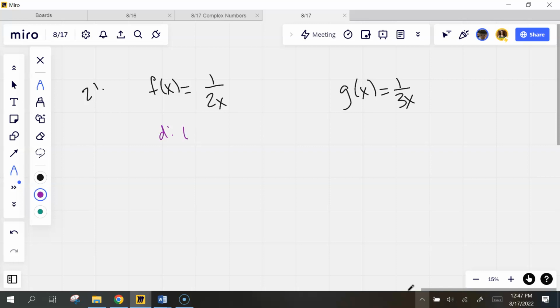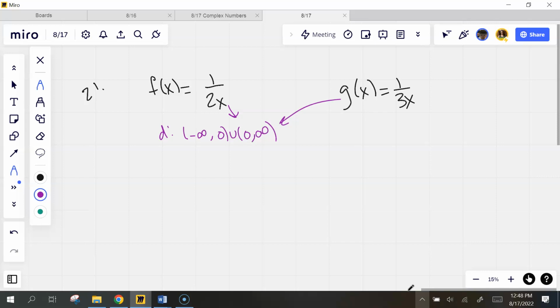Negative infinity to 0, 0 to infinity. The bottom can't be 0, right? Same thing here. This one has the same domain, which means since they both have the same domain, their combined domain is each one. So to find a domain for those, just set those equal to 0.